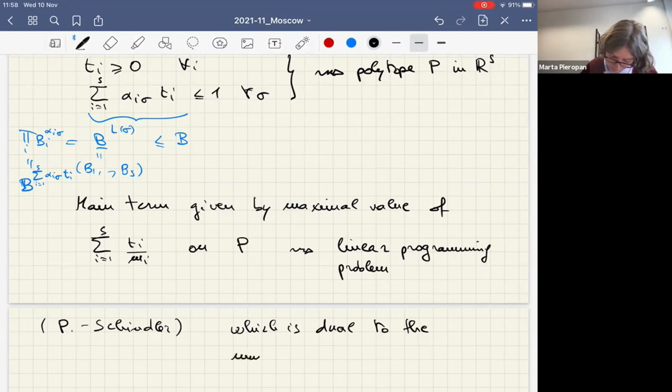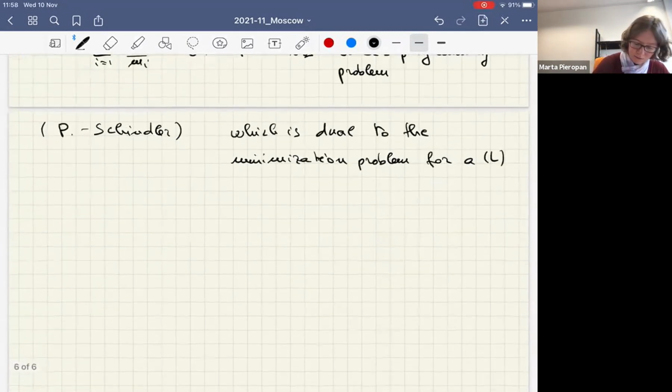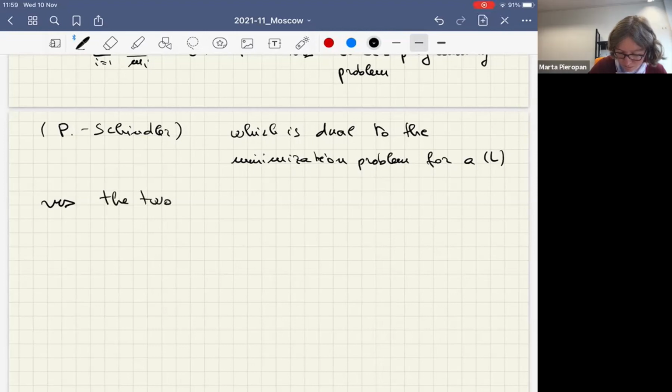So that is a minimization problem in the definition of a(L), the expected exponent of B in the asymptotic formula. And then by strong duality in linear programming, the two problems, which are dual to each other, have the same solution.